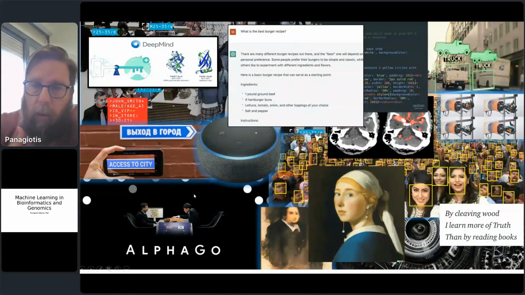So these technologies are going everywhere today, and of course, bioinformatics is no exception. So we're getting a lot of new techniques that are very helpful and are really revolutionizing the field in the past 10 years.